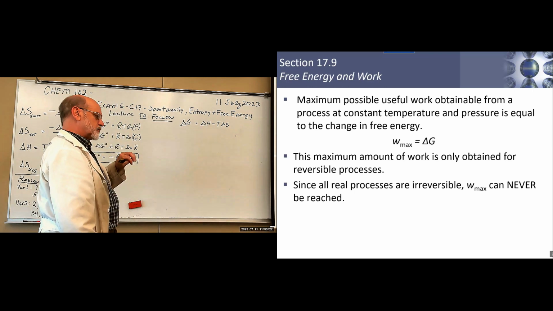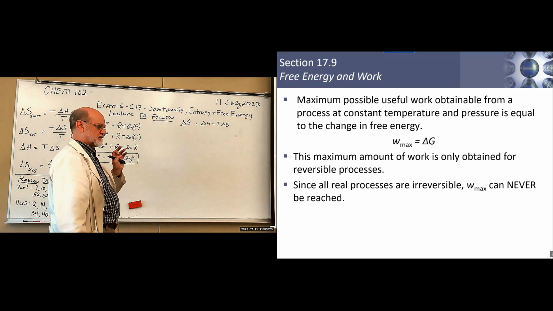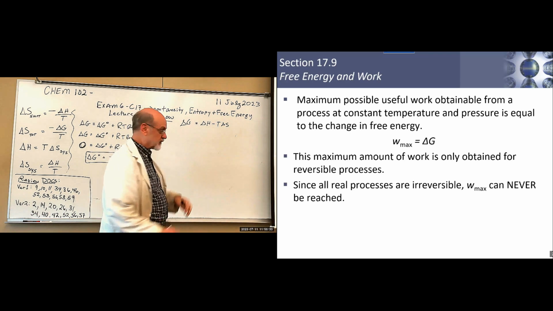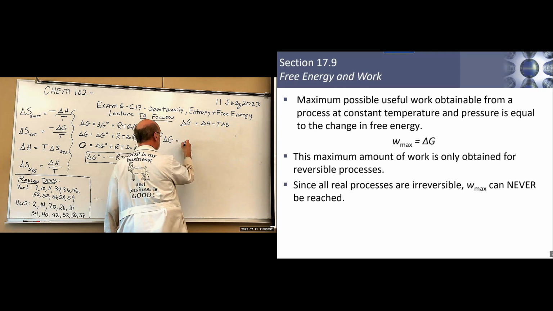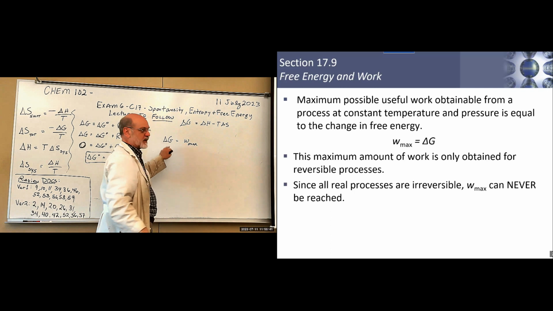So back to Josiah Gibbs' original objective. How much of the work is useful? Delta G, Gibbs free energy, means that it's equal to the maximum amount of work that can be performed by any process.